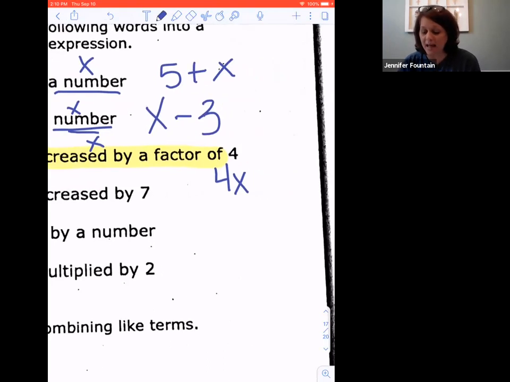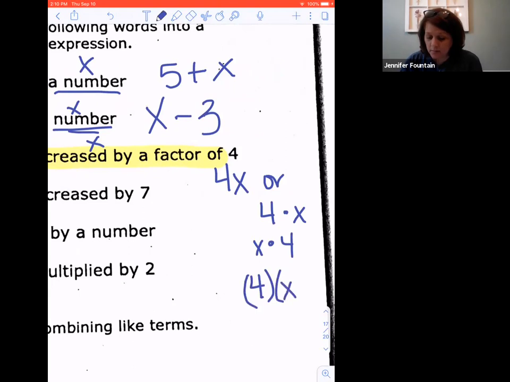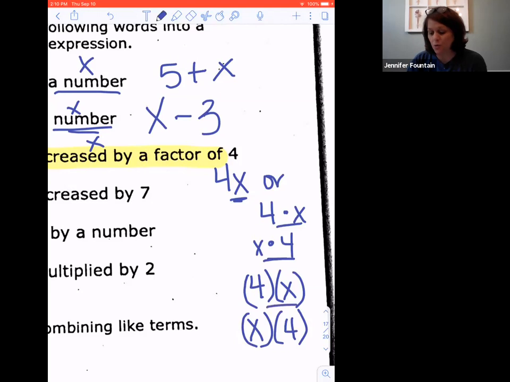So I could either do that, or I could do 4 times X, or X times 4, or I could use parentheses. Okay, so I can either write it just side by side, I can use a dot to indicate multiplication, or I can use those parentheses. Okay, the main thing is if I'm using a variable X, I just don't want to use an X as a times sign.